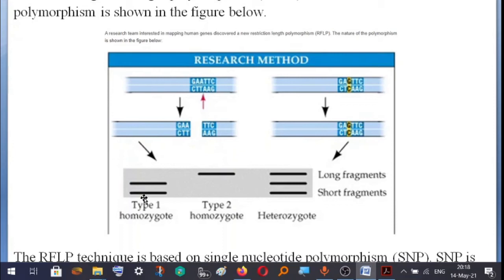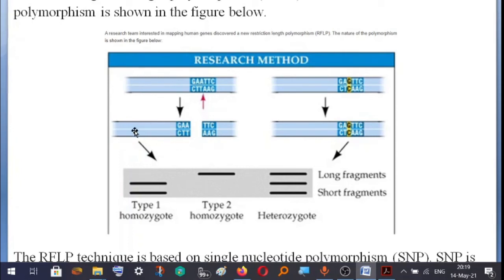Now let's understand this DNA banding pattern. Like I said before, when we put the restriction enzyme over the genome which has a restriction site, that restriction enzyme cuts the DNA into two fragments. So we can see two fragments corresponding to these DNA fragments.